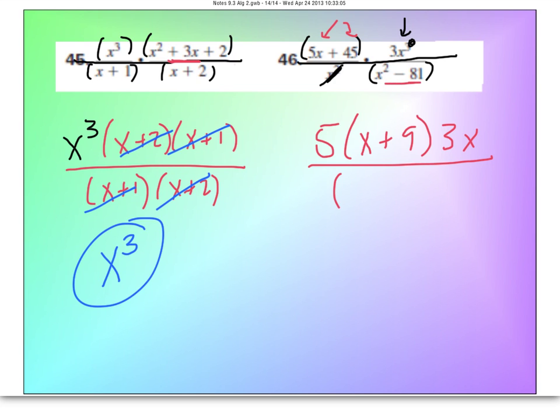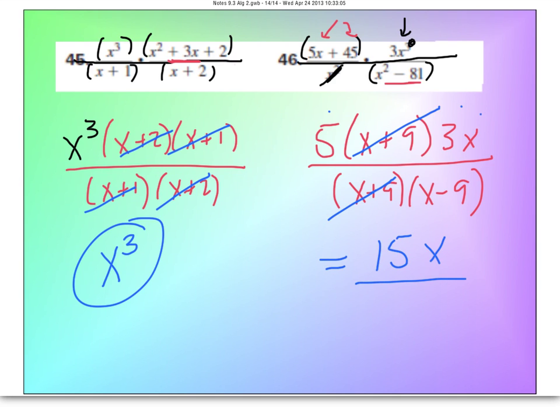This bottom factors into x plus 9 and x minus 9. Then you can see what we can naturally cross off would be this and this. Your final answer, you're going to crunch together the 5 times the 3, which is 15. Don't forget the x, and then do x minus 9. And that'll be your final answer.